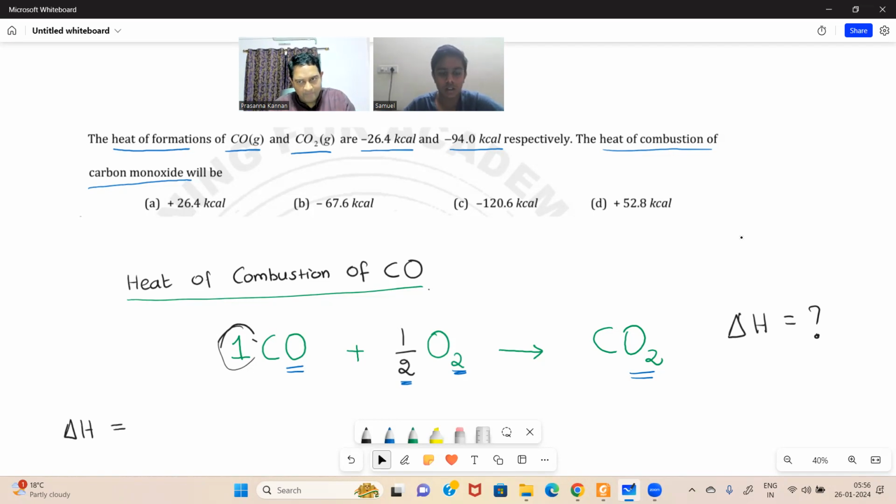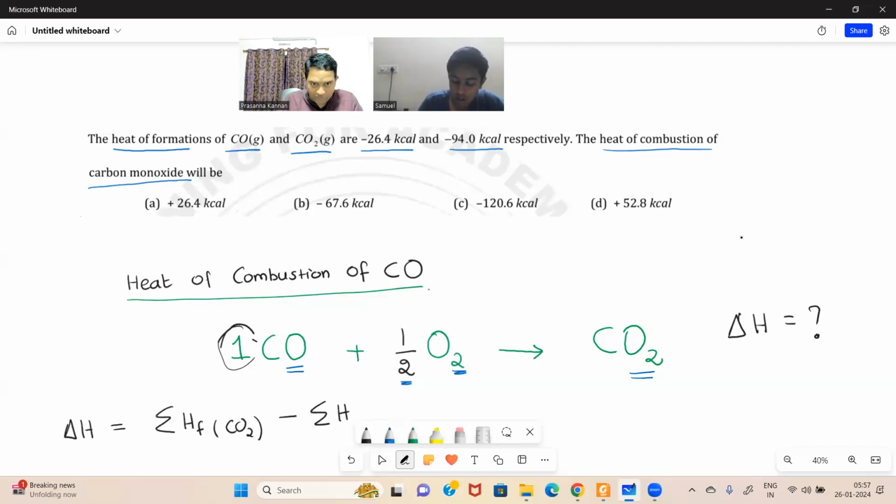The sum of enthalpies of formation of products minus the sum of enthalpies of formation of reactants. Very good. Here the product is carbon dioxide, minus the enthalpies of formation of the reactants, which are carbon monoxide and oxygen.